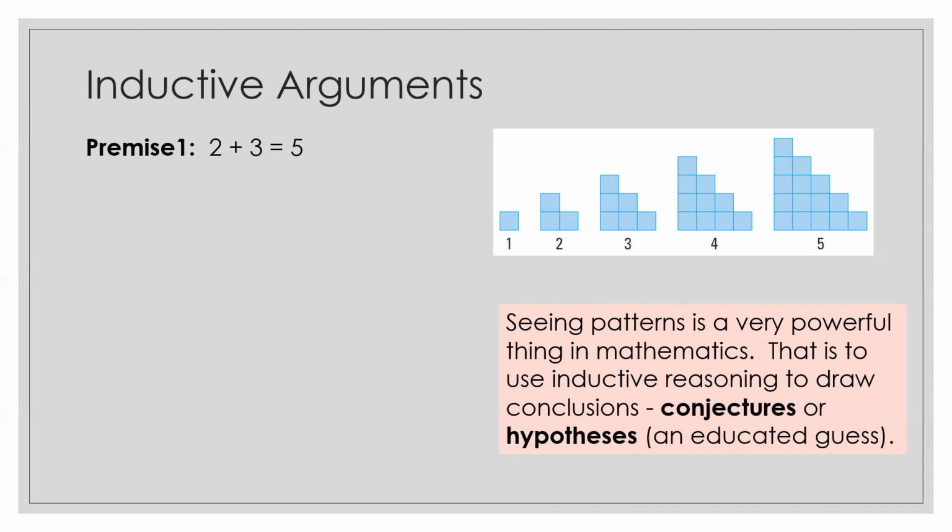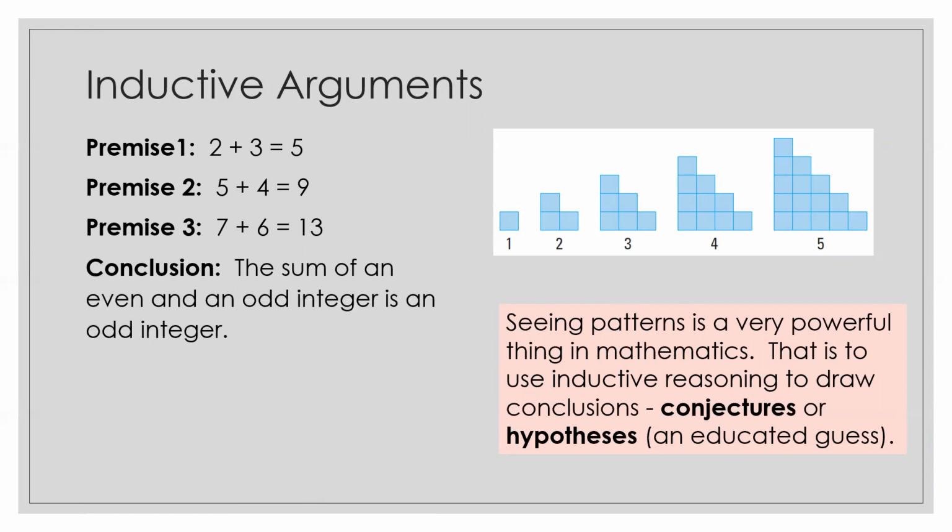Or you might see an inductive argument that looks like this. Premise 1, 2 plus 3 equals 5. 5 plus 4 equals 9. 7 plus 6 equals 13. So the conclusion is that the sum of an even and an odd integer is an odd integer. Here we are using specific examples to make a conclusion for a more general case, and that's what we call an inductive argument.